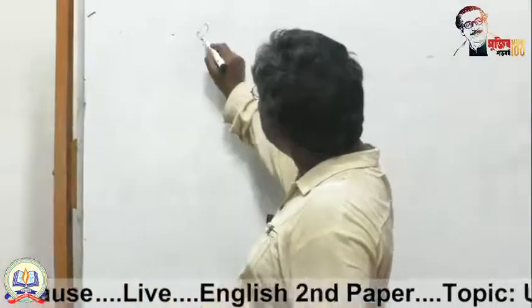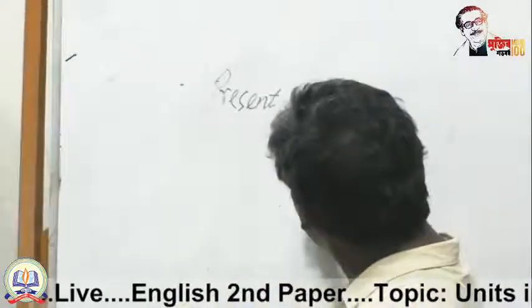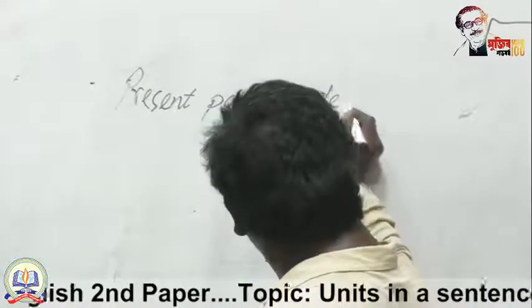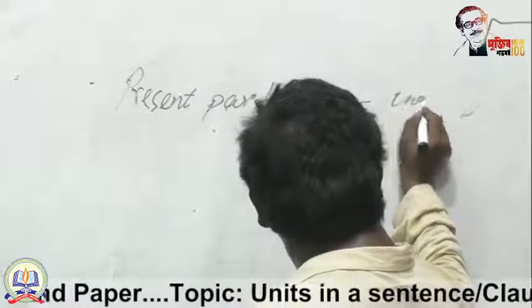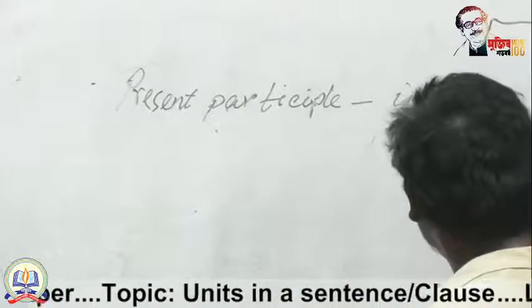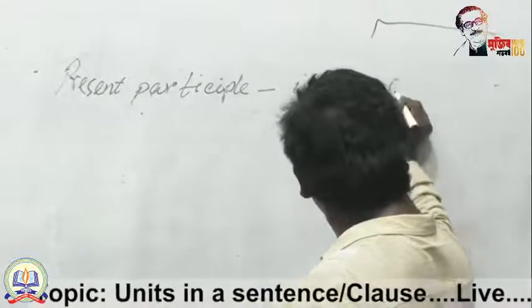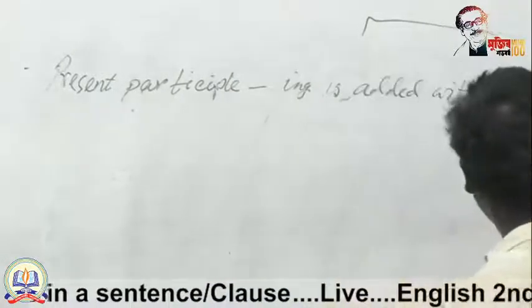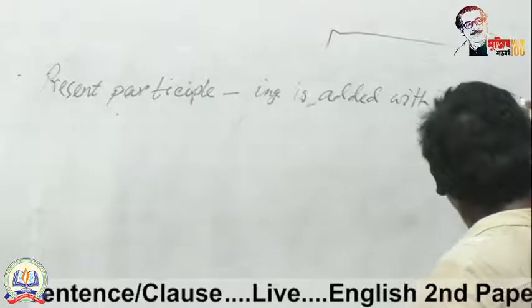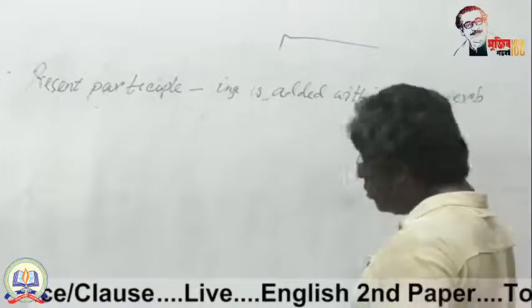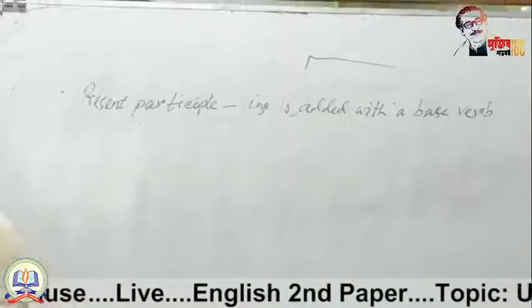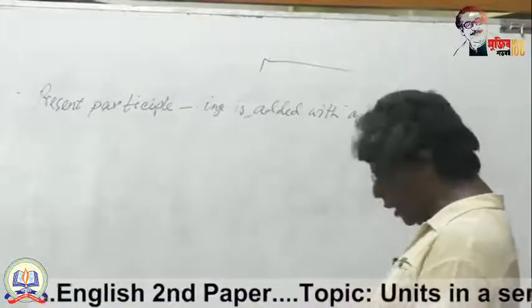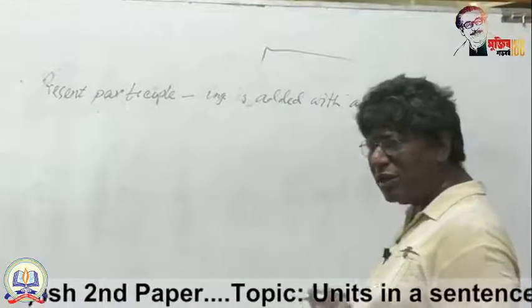A present participle means ing is added with a base verb, and they are used without any auxiliary verb before them.